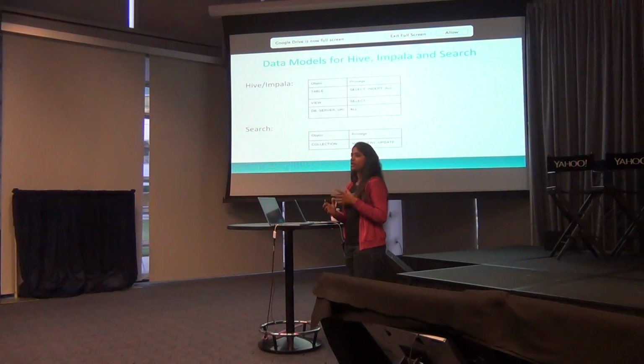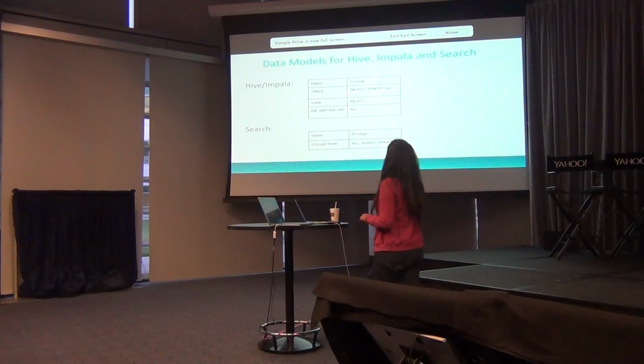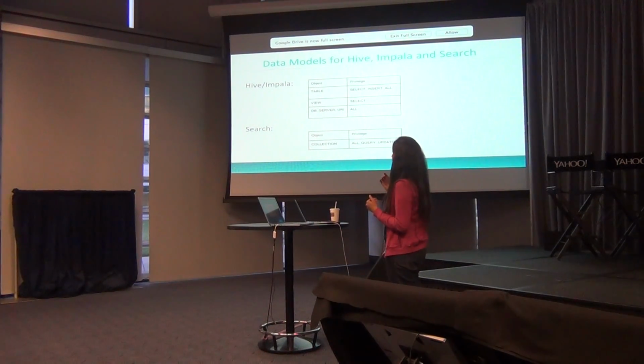So if you think of it, each of these components has very different data models. For example, Hive and Impala have databases and tables, while Search has collections, indices, and documents. So Sentry handles both these data models. In the case of databases, we have tables, views, databases, server, URI, and so on.